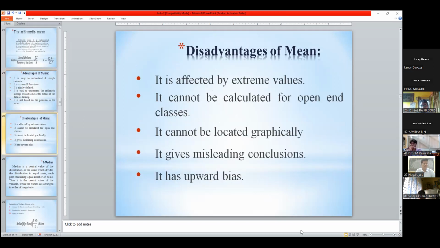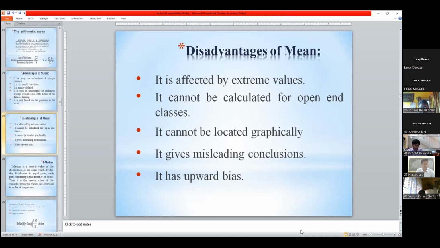Then you have disadvantages. It is affected by extreme values. If one value is a very far outlier from the center, that can change the entire structure of the mean. So extreme values do have influence on the calculation of mean. In a frequency distribution, if there are open-ended intervals, you cannot calculate the mean.